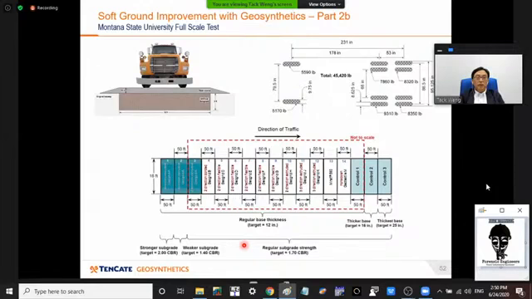The first one I'd like to talk about is the Montana State University. This is a full-scale trial on site where that's the truck and the wheel plan view that are being used. And this is a multiple product trial where different manufacturers have contributed materials, and then the university will do the research on a fair and open basis.